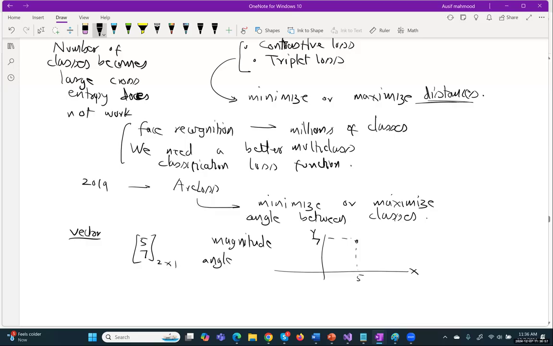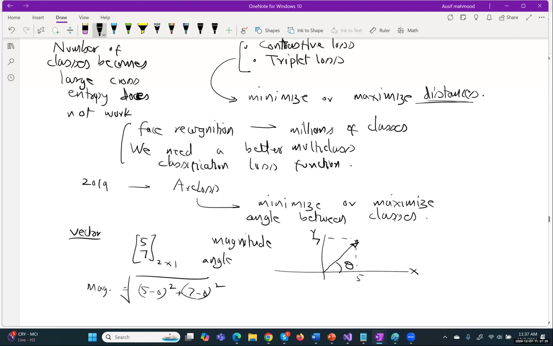What is the magnitude? Magnitude is the distance from 0, which is the square root of (5 minus 0) squared plus (7 minus 0) squared. And the angle is whatever angle it creates with respect to the x-axis.